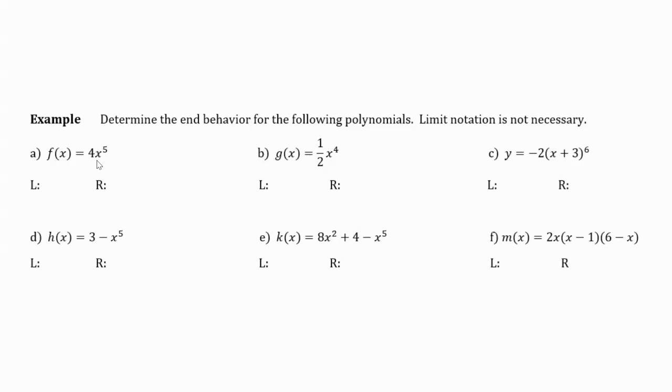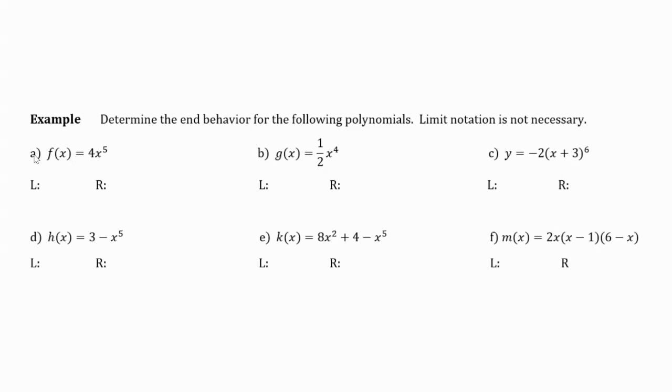Remember, if the degree is odd, it's going to behave like a line. A positive line will climb and a negative line will fall. If the degree is even, it's going to behave like a parabola. A positive parabola will have both ends up. A negative parabola would be both ends down.